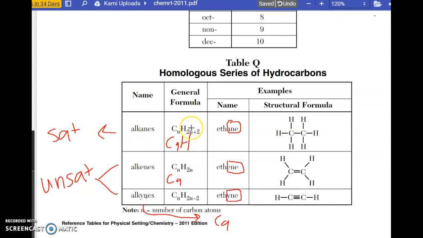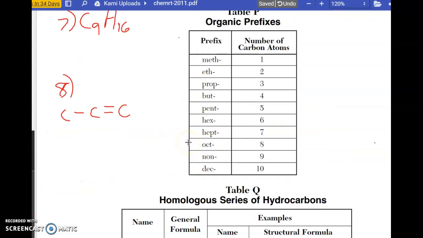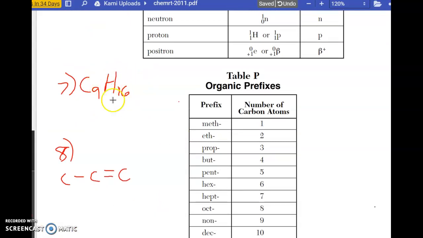I'm going to plug 9 in where the N is. 9 times 2 is 18, plus 2 gets us 20. So if the compound is an alkane, the formula would be C9H20, with 20 hydrogens. If we go up, we do not have 20 hydrogens. So there's no way this compound is an alkane. It is not all singly bonded.